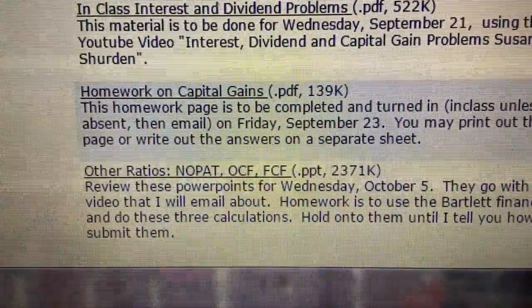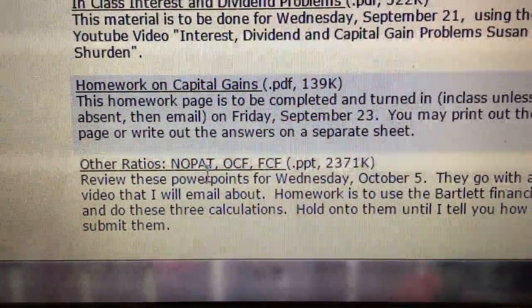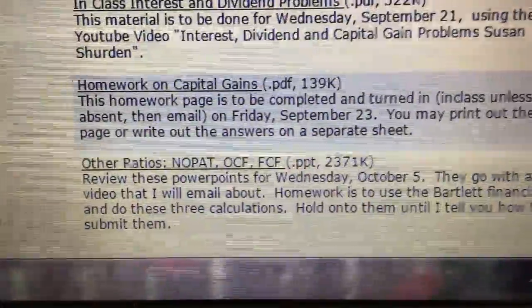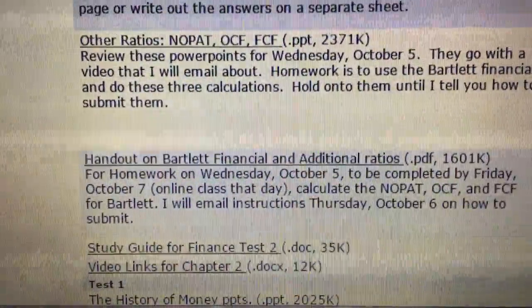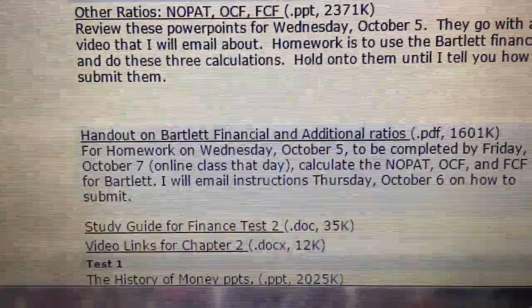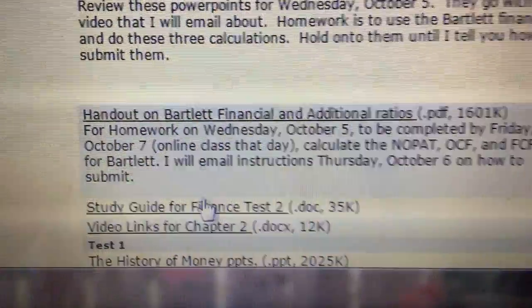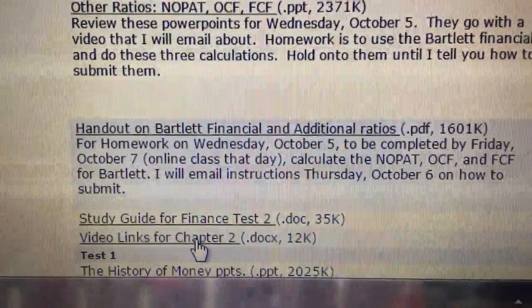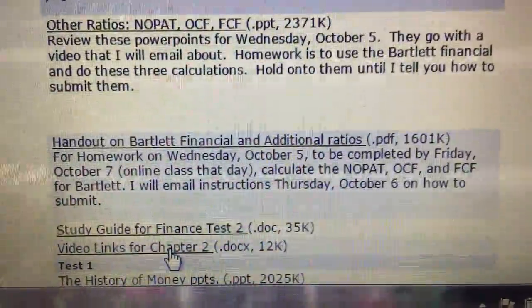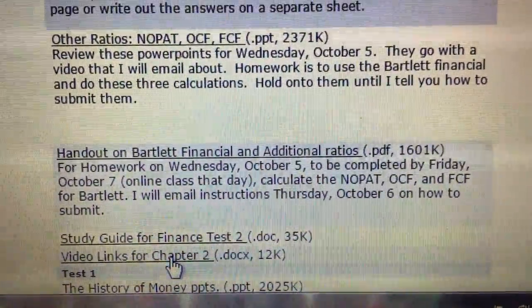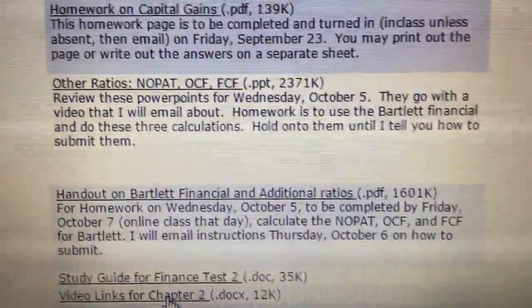Then we had these other ratios. Now these will be in multiple choice form, so you need to know how to work those with answers provided. More on Bartlett. Here's your study guide with the bonus on it, and also the video links where you will find all the videos that you need for this test. Okay, now let's get started.